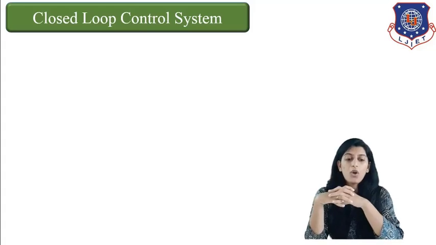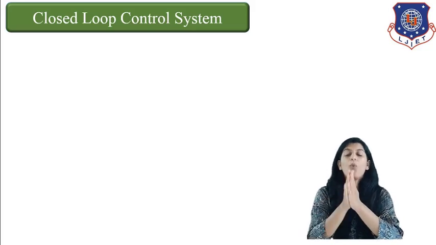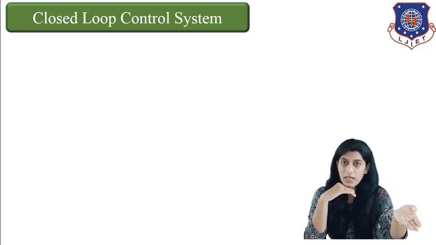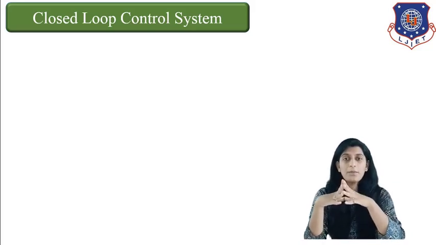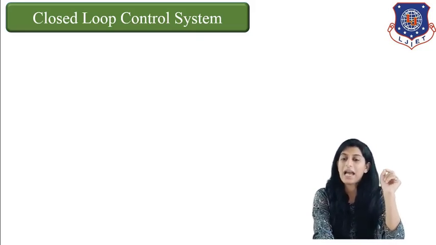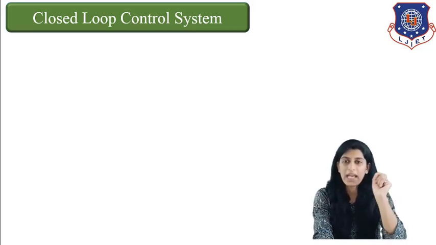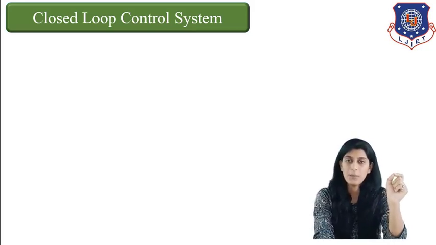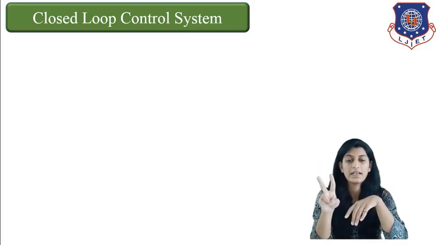If you recall what we have covered in our last topic, you must remember that we have seen what we mean by control system and what the basic control systems are. We have seen how we can classify a control system based on its action. Based on the action of a control system, we can classify them into two different categories.